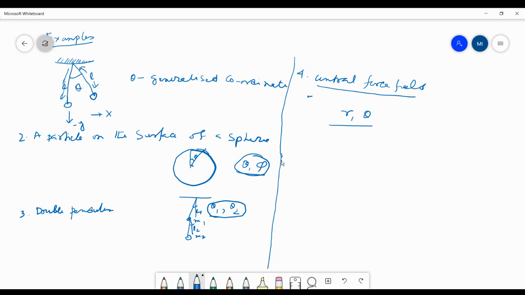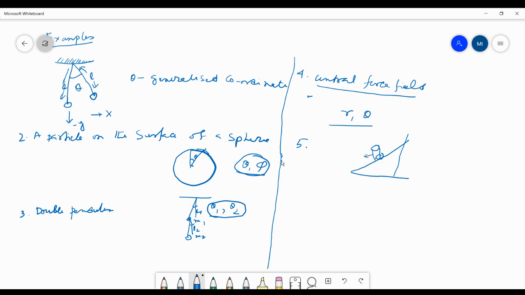And the last example that I can give you is a cylinder moving down an inclined plane. There is an inclined plane, and a cylinder is moving down it. Then what will be the generalized coordinate?